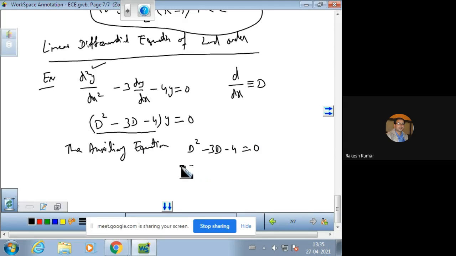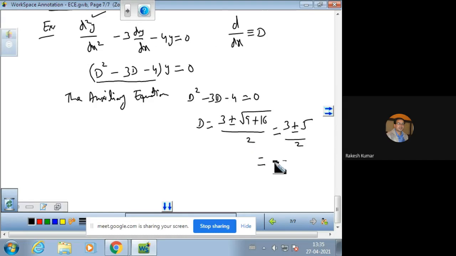Solve the auxiliary equation and find out the factors. By discriminant method you can do, that is 9 plus 16 over 2. So this is 3 plus minus 5 over 2, and the factors come out to be minus 1 and 4. You can easily check that. These are the factors. Now factors are important.